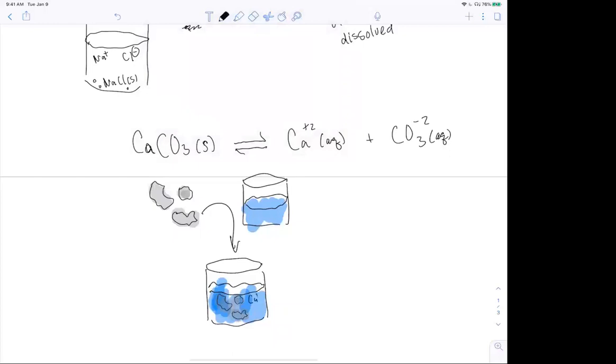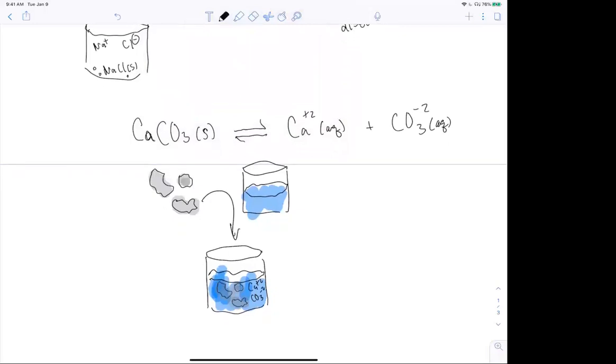So a tiny amount of calcium carbonate is going to dissolve. It's not a lot. If it was a lot, things like limestone would just dissolve when it rained outside. But it is some amount. And so that's what we're describing with this equilibrium up here.